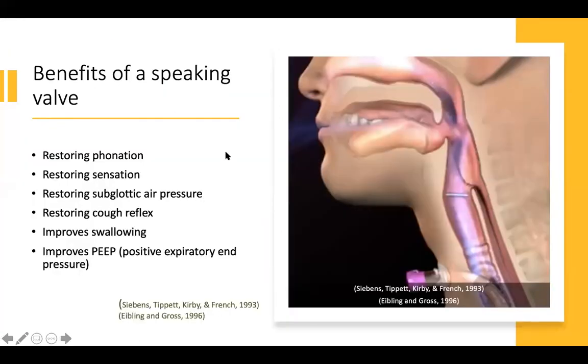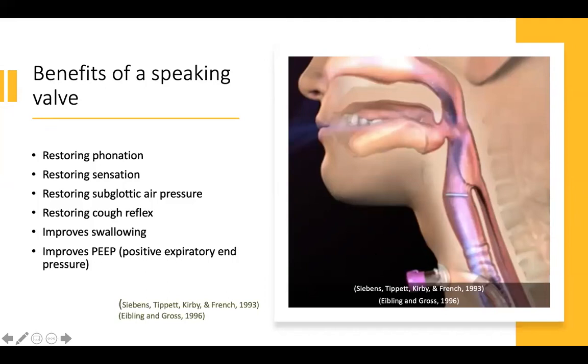Okay, so what are the benefits of a speaking valve? Number one, restoring phonation, so the patient can talk again. But it does more than just phonation. When you put a speaking valve on, you're restoring the upper airway mechanism, the one that was lost when we inserted the trach. You're restoring sensation, so the patient is able to smell and taste.